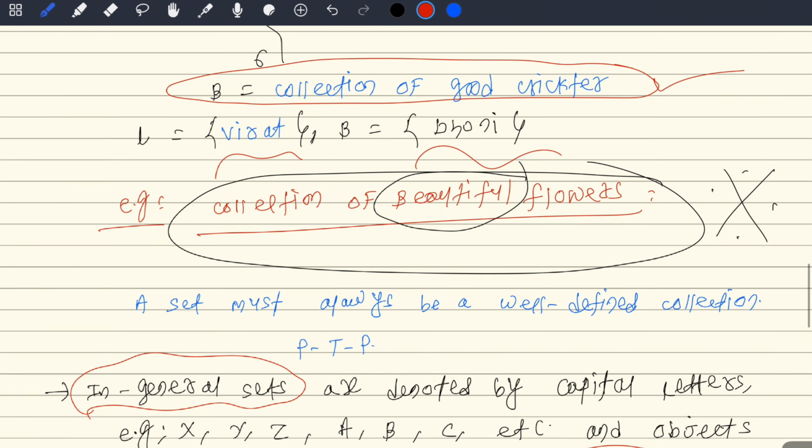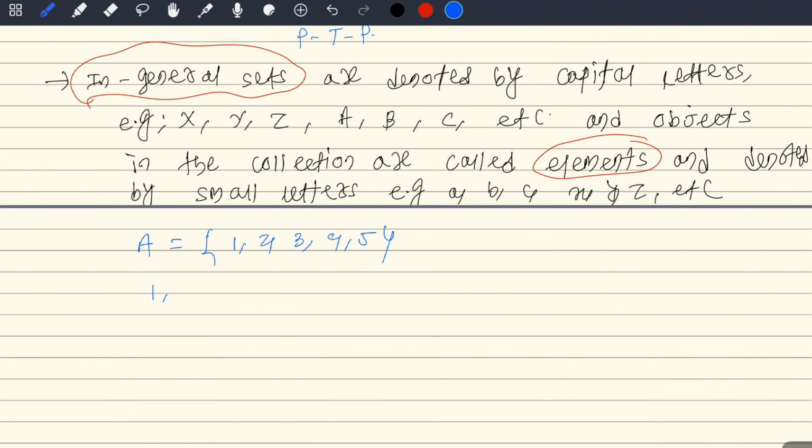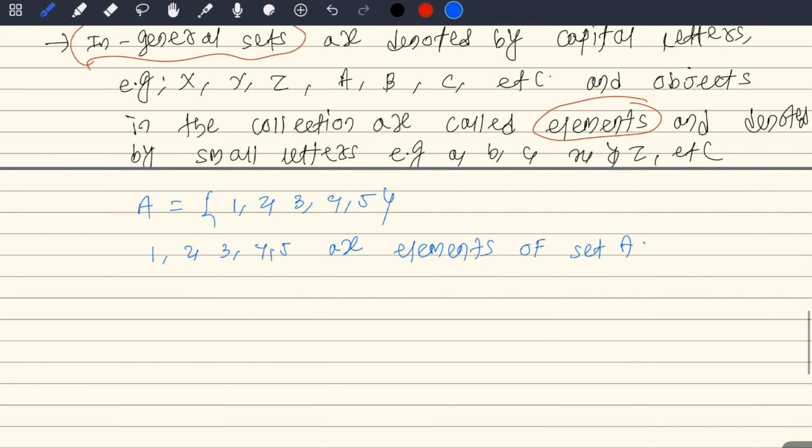For example, suppose I have a set A having in that collection 1, 2, 3, 4, 5. Then what should I say? 1, 2, 3, 4, 5 are elements of set A, since they are part of its collection.